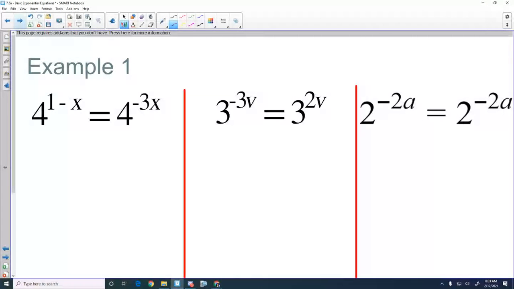All right, I've got 3 practice problems for you to try right here. And you'll notice that all 3 of them, the bases are the same. So all you're really doing for each of these is setting the exponents equal to each other and then solving for the variable. All right, let's see what you can do for these 3.